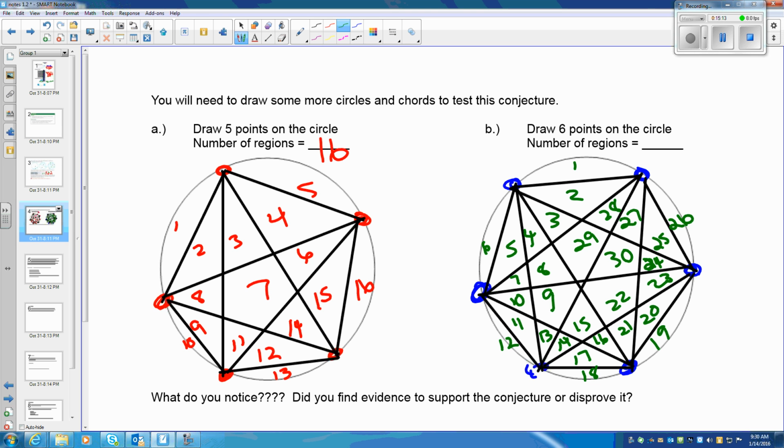The middle's 31. Did I miss a spot? Huh. We thought it was going to be 32, right? There's a little spot in there under my 31 writing. So, you got 31. Did anyone else get 31 when they did their counts?